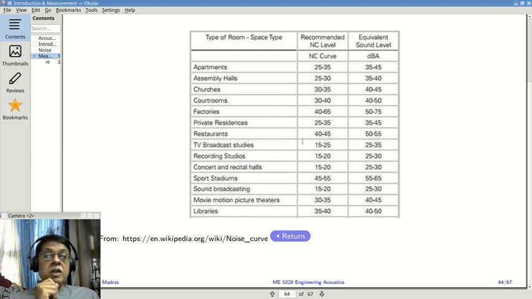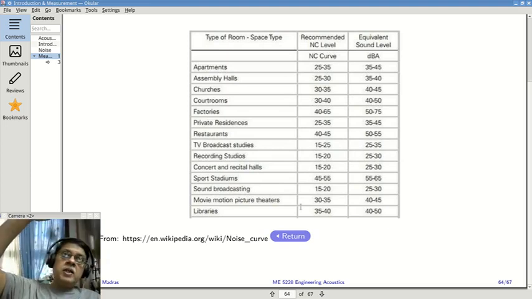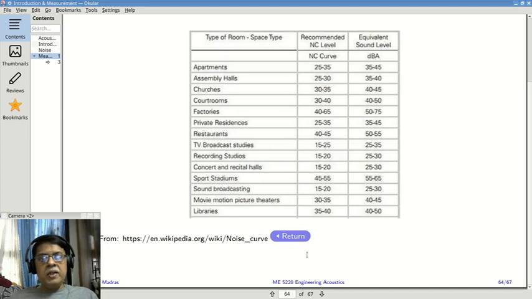For a TV broadcast studio, it should be 15 to 25, so I expect the NC rating to be a lot more stringent and the dB levels a lot quieter. So depending on the kind of inner space, whether it is part of a residential house, a recording studio, or a movie theater, you have to qualify it to the appropriate NC curve.